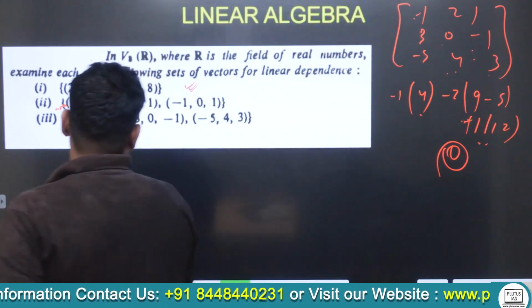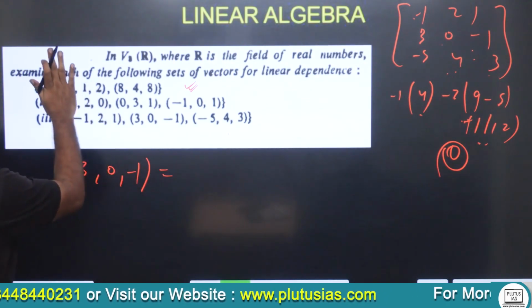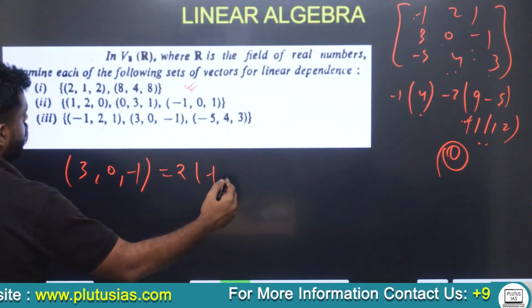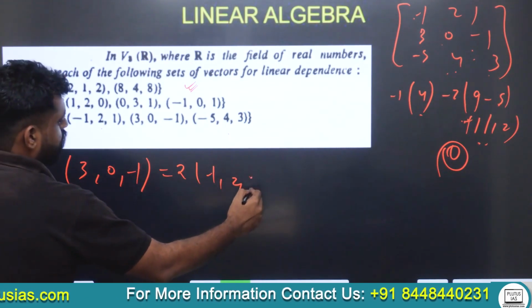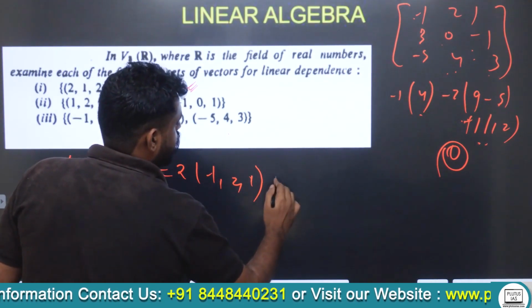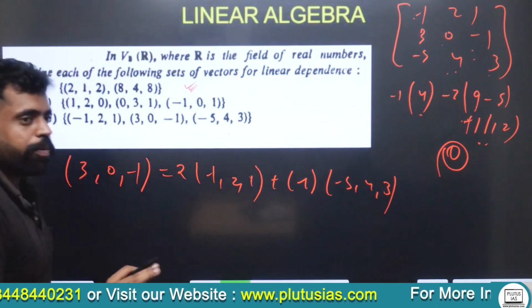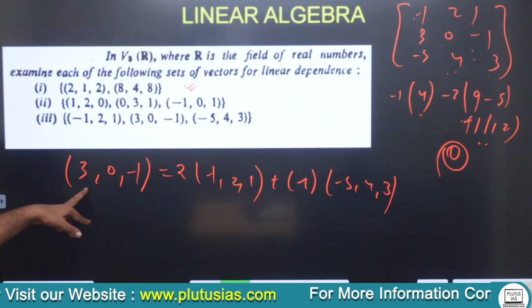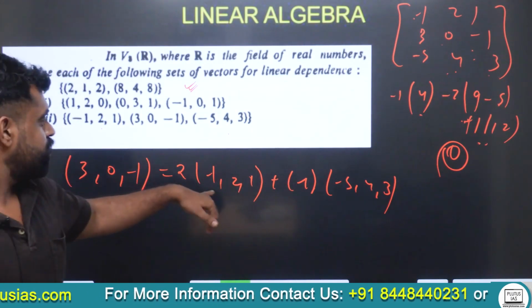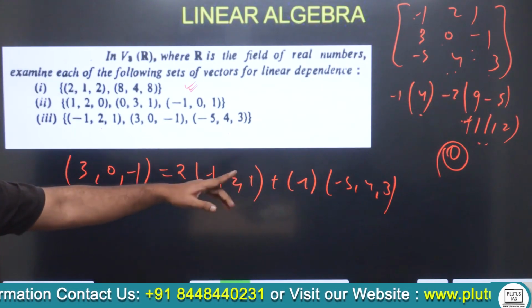So he's saying that this is equal to what? 2 into -1, 2 and 1 plus -1 of -5, 4 and 3. You don't have to find this. See, is it true for every element? -2 plus 6, 3. This is +4 -4. And this is 2 and -3.